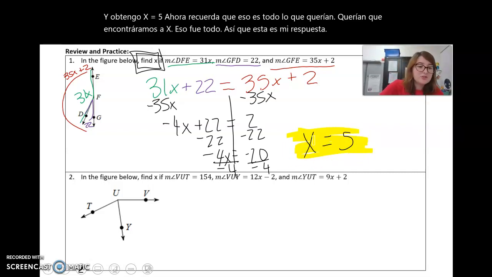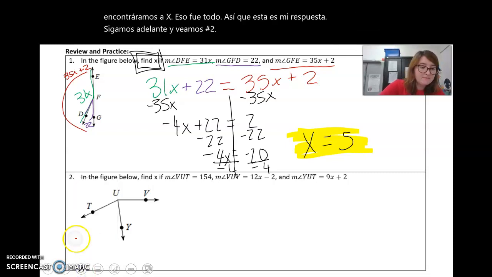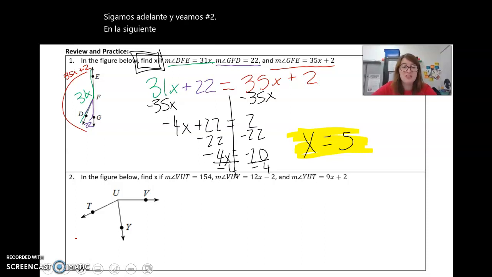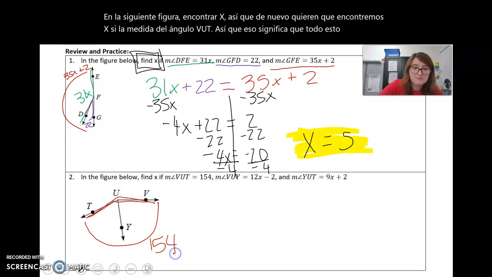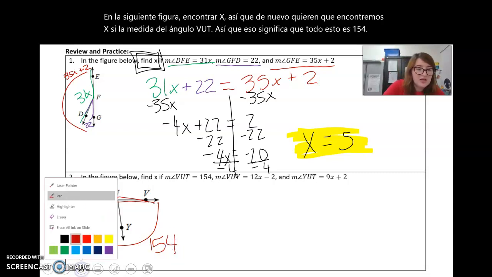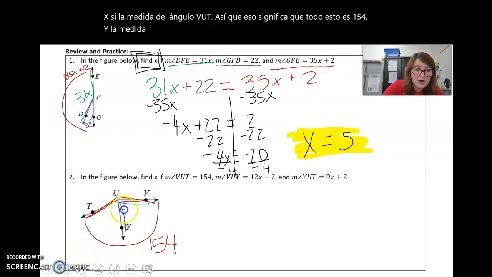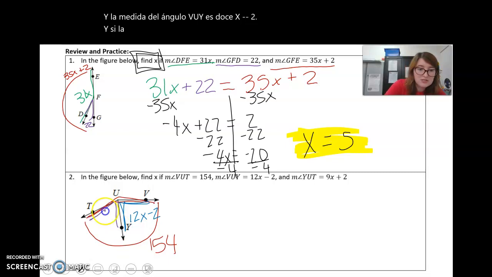Let's go ahead and look at number 2. In the figure below, find x. So again, they want us to find x. If the measure of angle VUT, so that means this whole thing, is 154, and the measure of angle VUY is 12x minus 2, and if the measure of angle YUT is 9x plus 2.